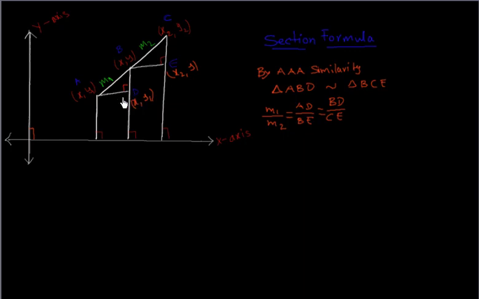Now if you want to find the distance from A to D, it's very clear that the distance from A to D is x minus x1, and from B to E is x2 minus x.